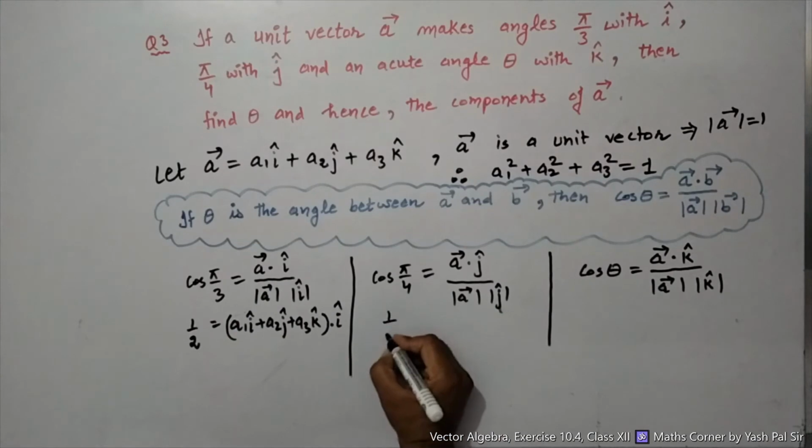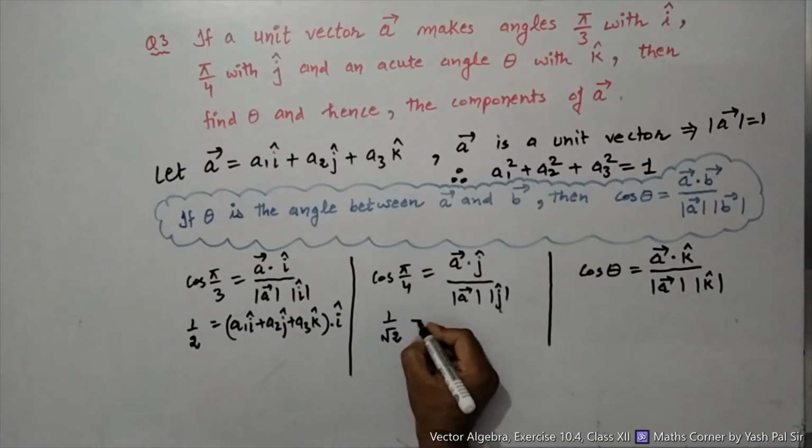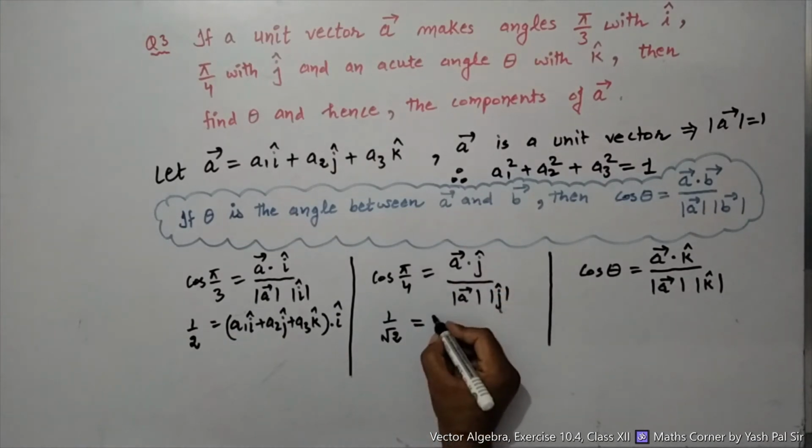Similarly, here we have cos pi by 4, whose value is 1 upon square root of 2.